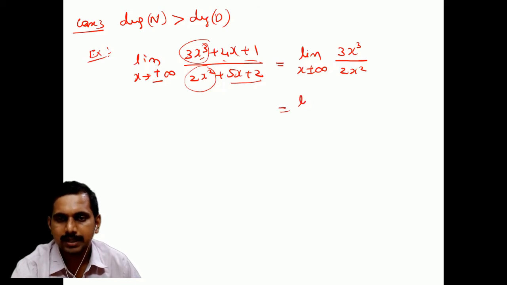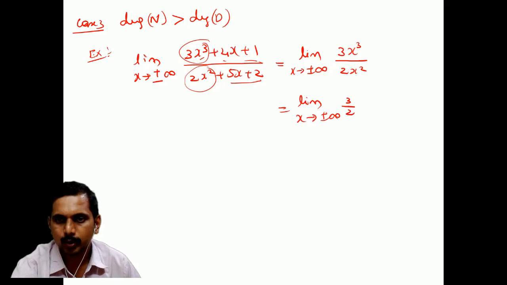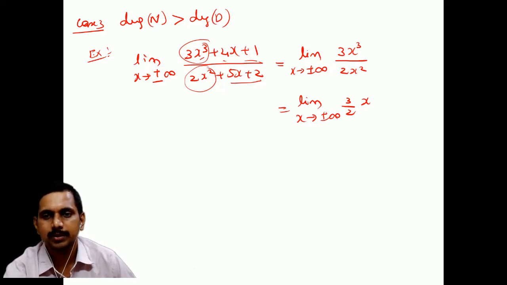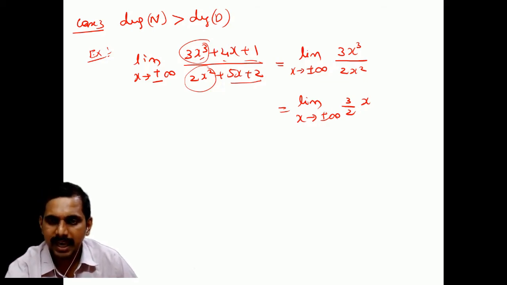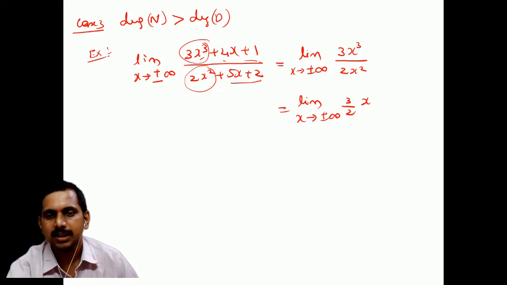So this will come as limit x tending to plus or minus infinity, you will have 3 by 2 x. Now what is important is only the x value. Now here this x value will be plus infinity if we have plus infinity, or minus infinity if x is positive.